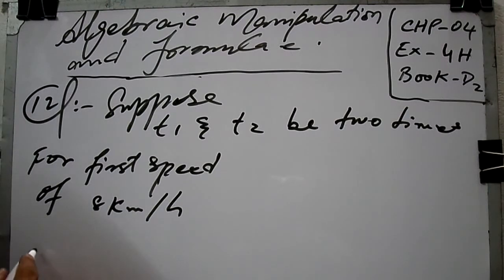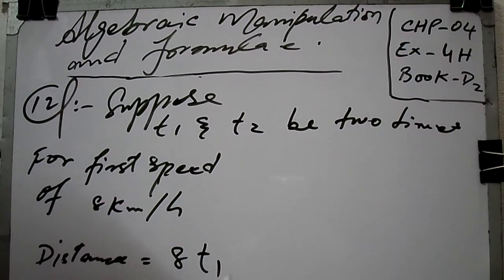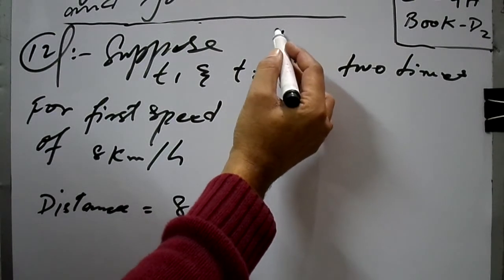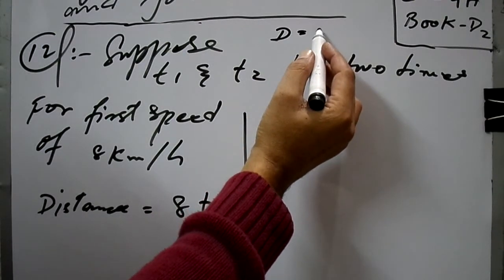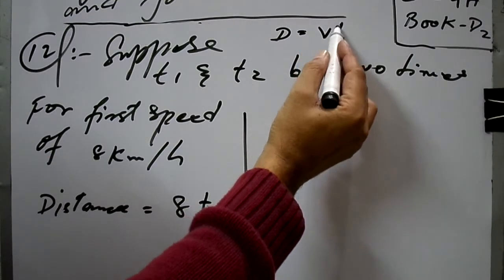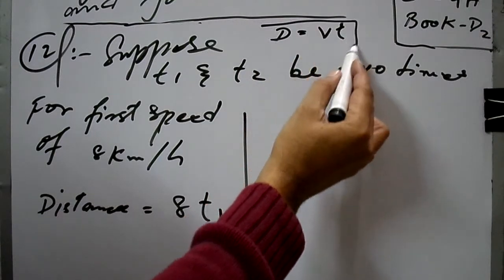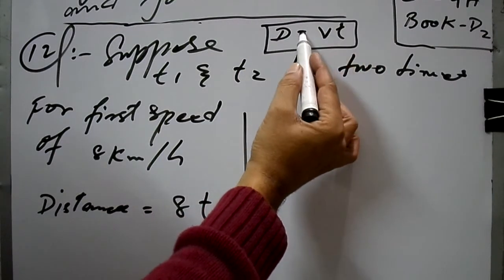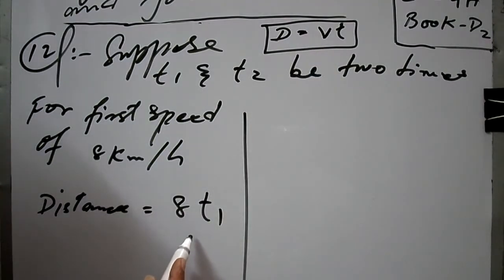So the distance d is equal to 8 into T1, because you have a formula to find the distance. You know that distance is equal to speed into time. That is your formula: distance is equal to velocity or speed multiplied by time. So we use this formula here.